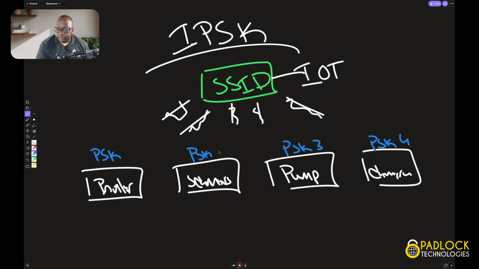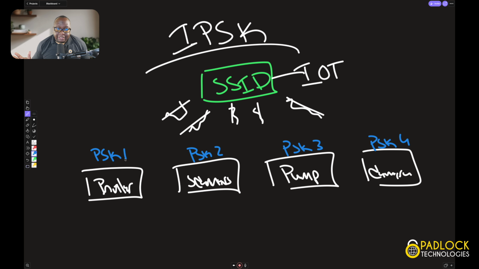So this is 4, 3, 2, and 1. Obviously, you need ISE to be able to do this. But what will happen is everybody joins the same SSID.